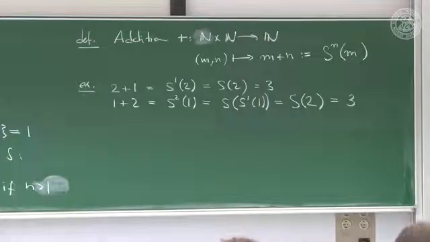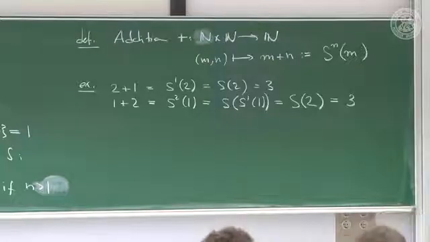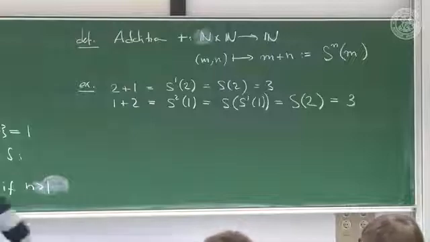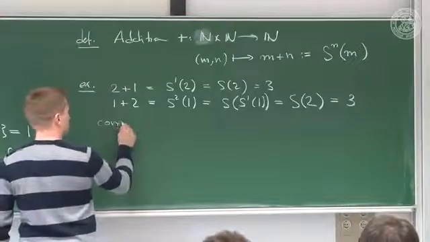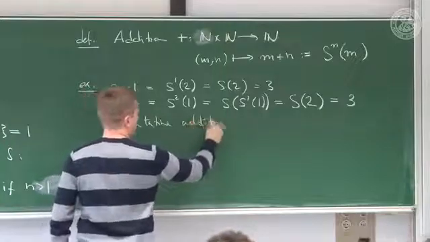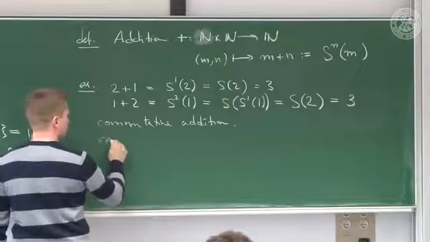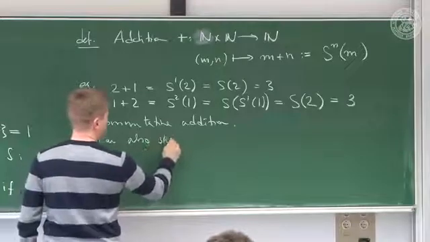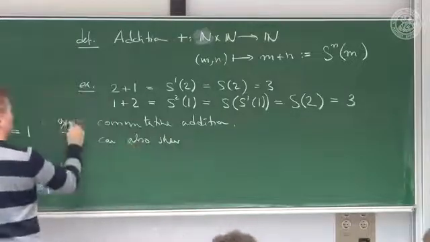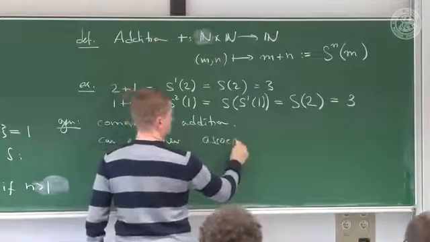That's how this works. Well, this, of course, generalizes, and you get the commutative addition. You can, of course, also show, so in general, can also show associative.